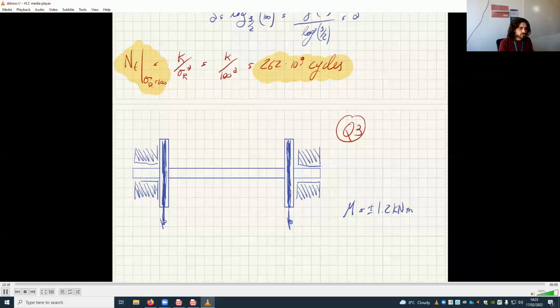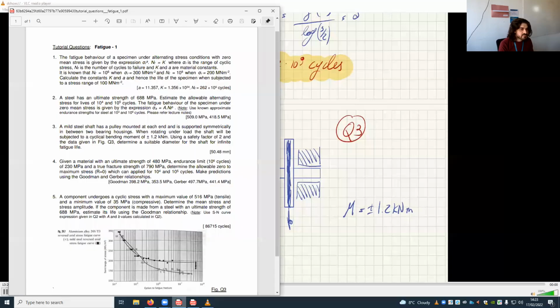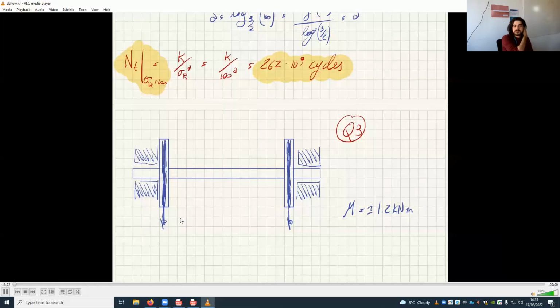Was it 1.2 or 12 point, whatever? 1.2? Yes, 1.2 kilonewton meters. We want to find the diameter of this shaft for infinite fatigue life.